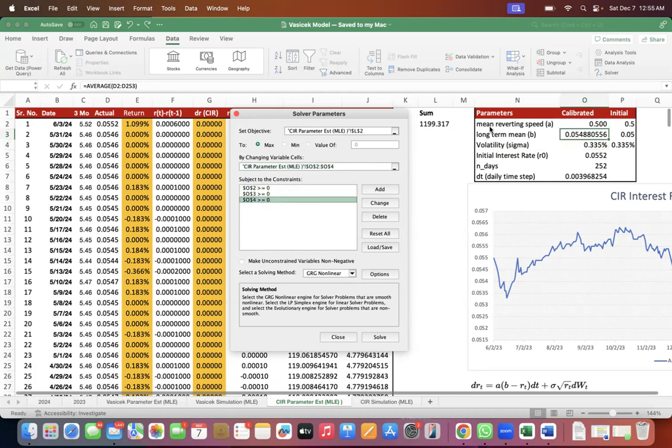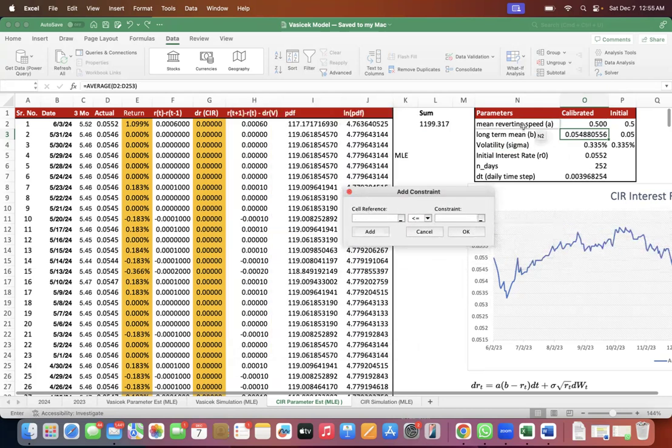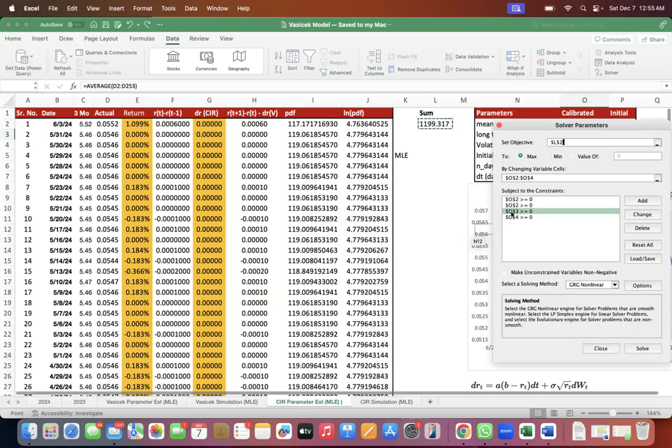Tell me one thing. Can A be negative? How will you add a constraint? Just click on Add, and keep this value greater than or equal to 0, and just add it. I have already done that, so let me remove it.